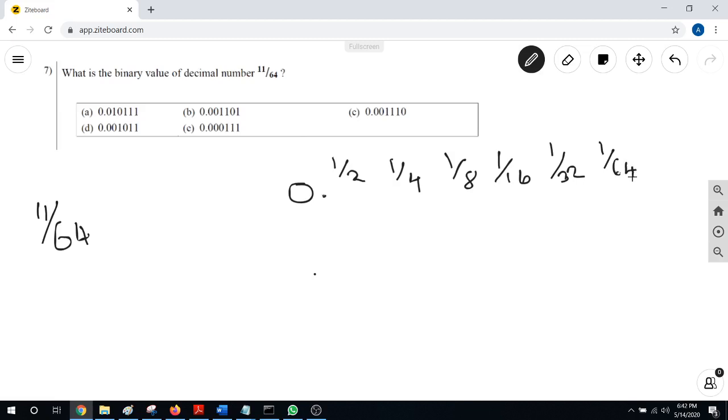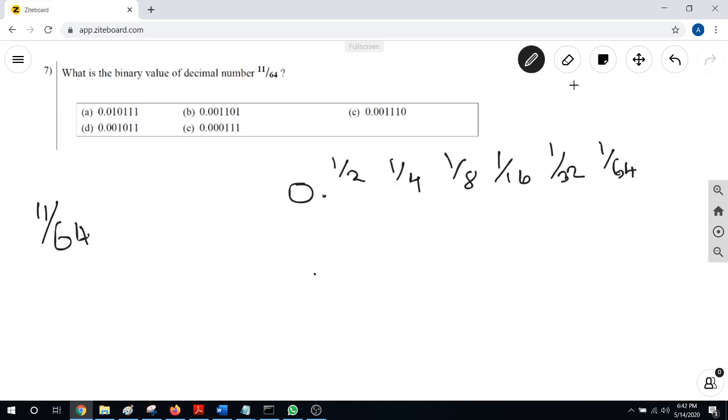Now our fraction has denominator 64, therefore we can stop at this point because we reached 64. Then we are going to convert each and every one of these fractions to a denominator of 64.